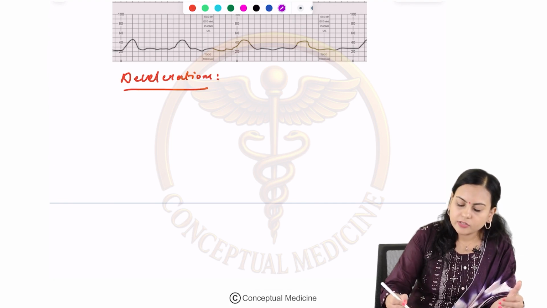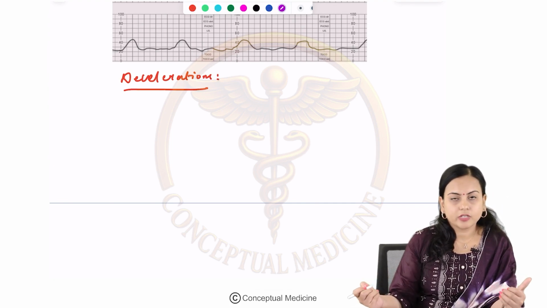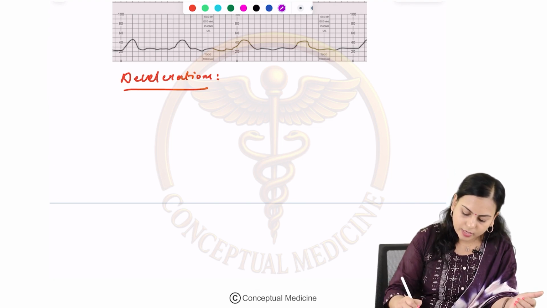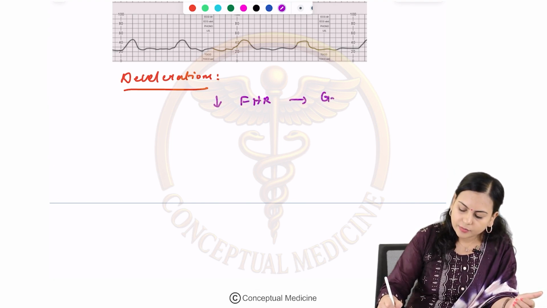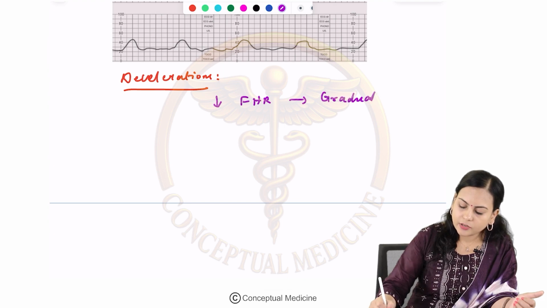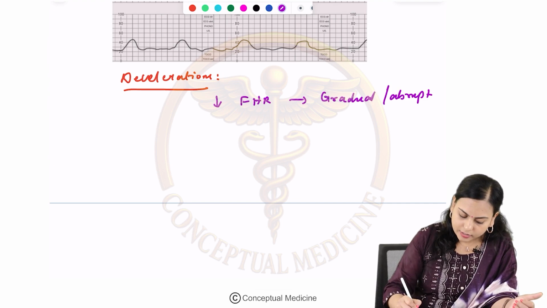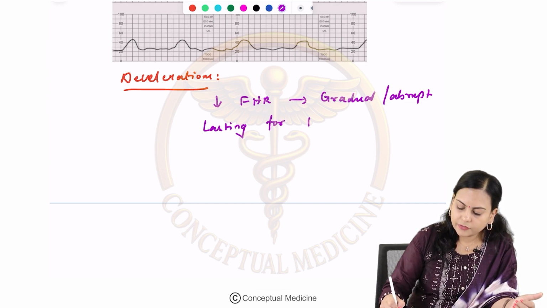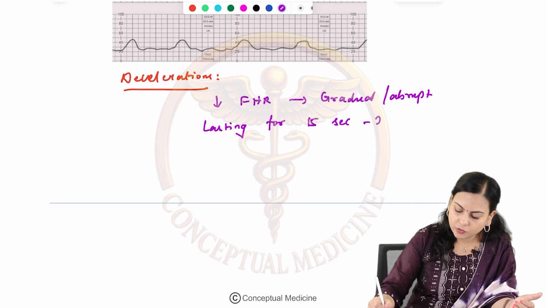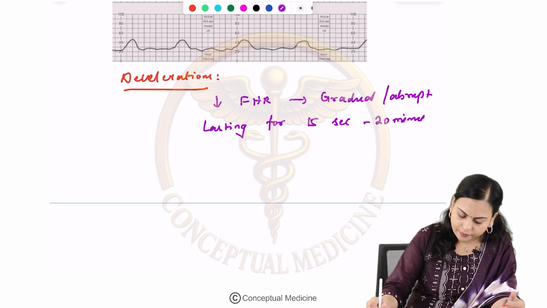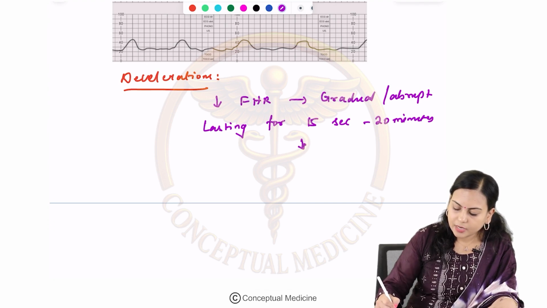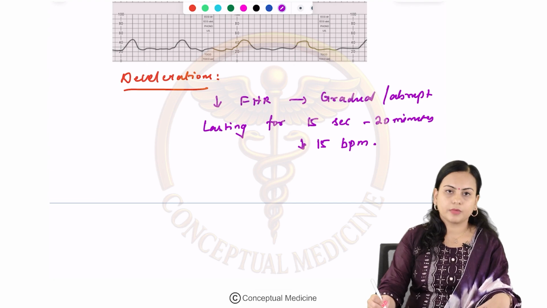See, decelerations are an abrupt reduction in fetal heart rate. So there is a decrease in fetal heart rate, and sometimes it can be gradual also. So a gradual or abrupt reduction in the fetal heart rate that lasts for 15 seconds to even 20 minutes, and there can be a decrease in fetal heart rate up to 15 beats per minute.